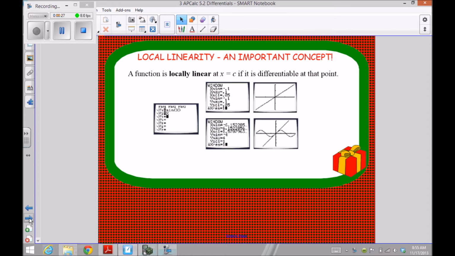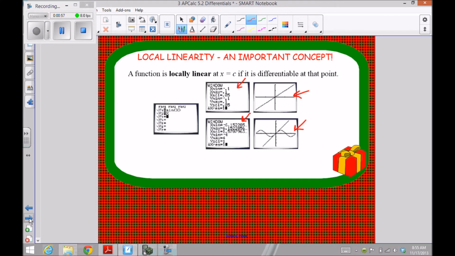Local linearity, this is a concept that you've already been introduced to repeatedly. I've had in here y1 equals sine x and y2 equals x. And when you're zoomed in with a little tiny window, like what we have right here, then you can tell that right here they look to be the same. However, when you zoom your window out to a normal trig representative window, then they look like this.